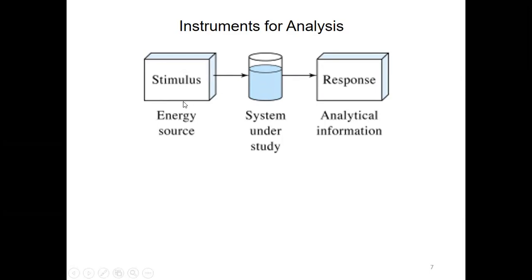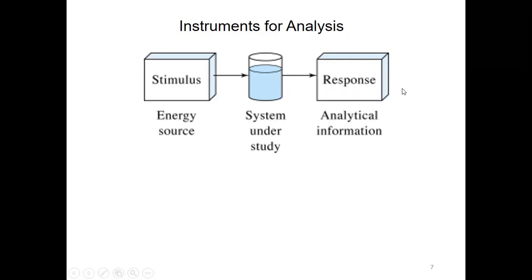And then it should have the stimulus or the energy source. We will give some energy using the source. Suppose it's a light radiation. So there should be an energy source. And then we pass the signal through our system and it will generate a response.